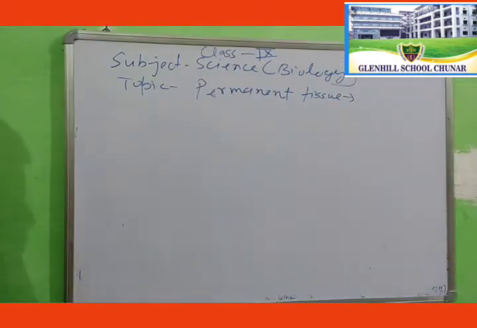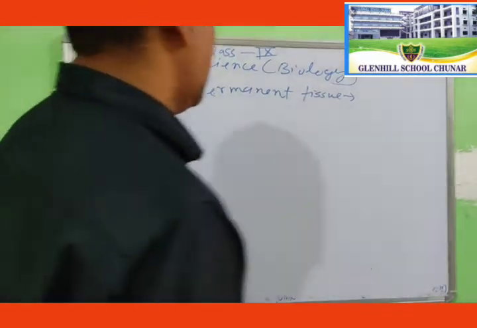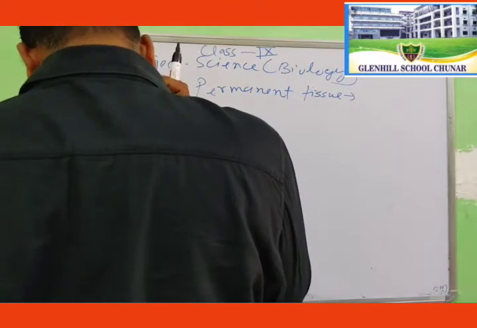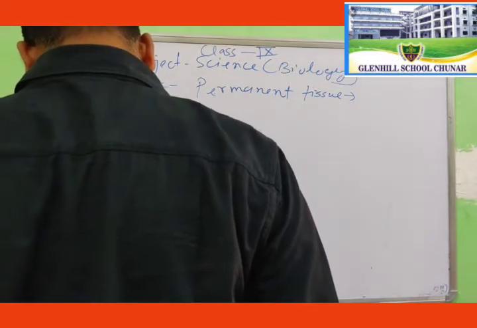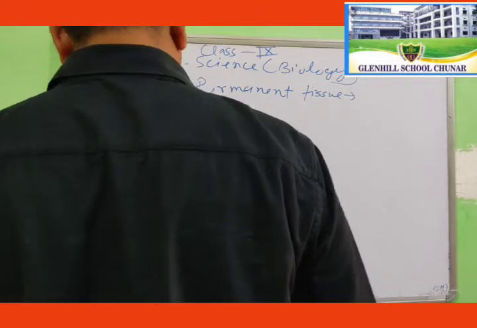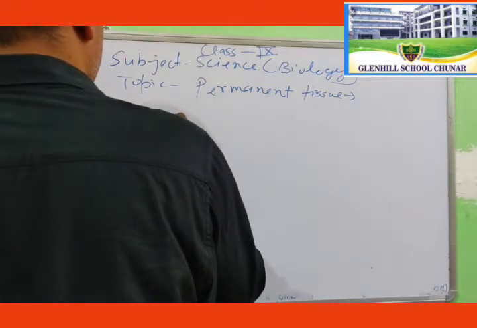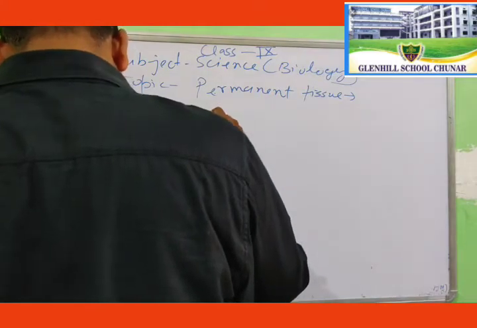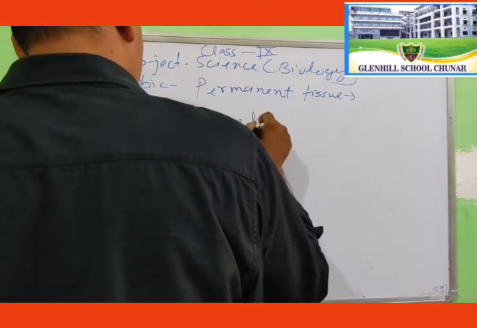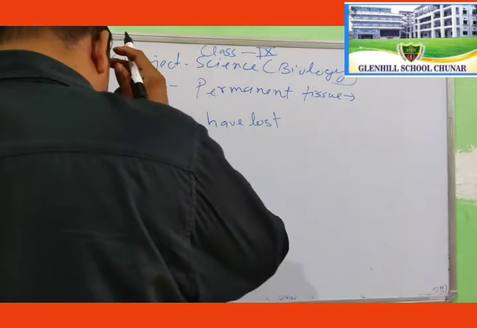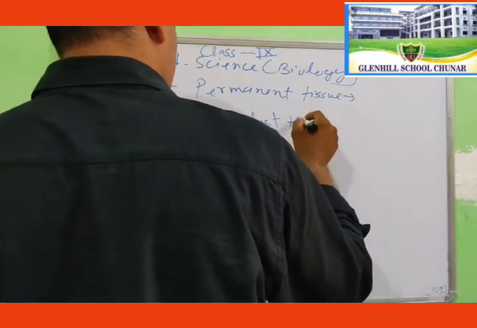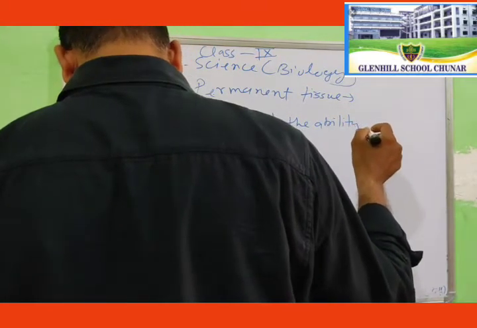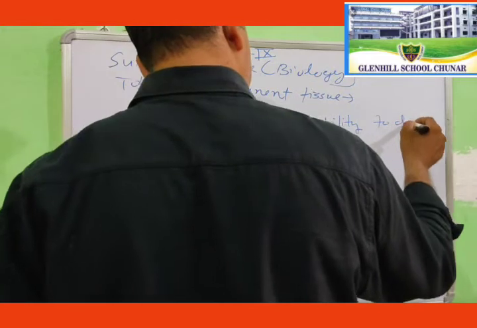Permanent tissue are generally found as follows. First of all, they do not divide. Write down. They have lost the ability to divide.